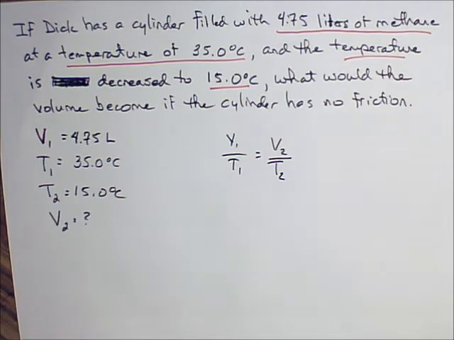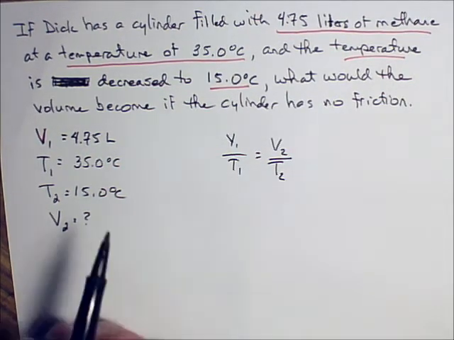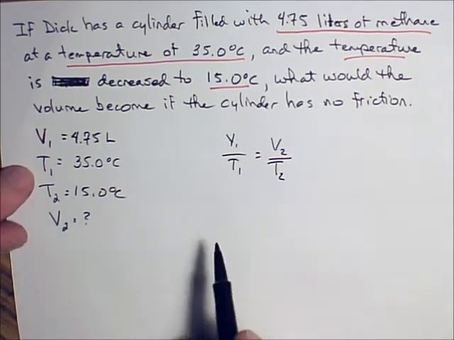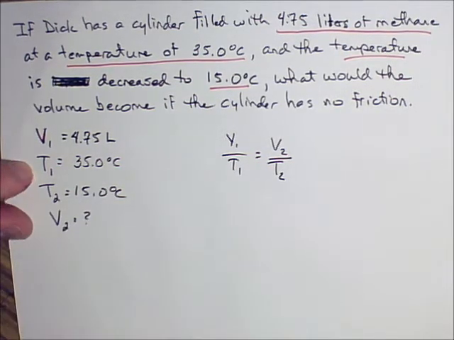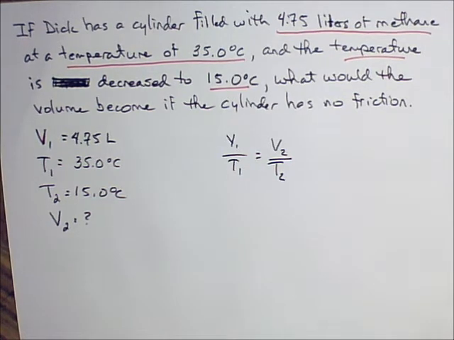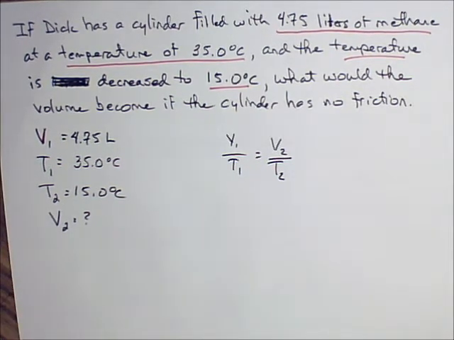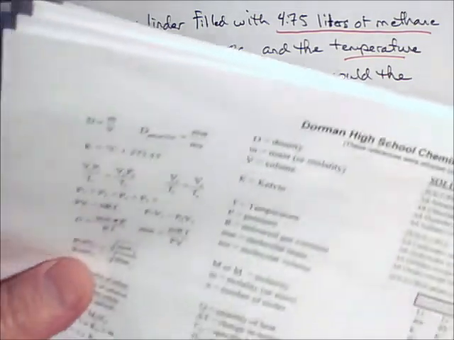Now we have a problem because, and this is something you just have to know, you cannot solve gas law problems with the temperature in degrees C. Said that yesterday, and you have to know that. You have to change the degrees C temperatures to Kelvin temperatures. Guess what?